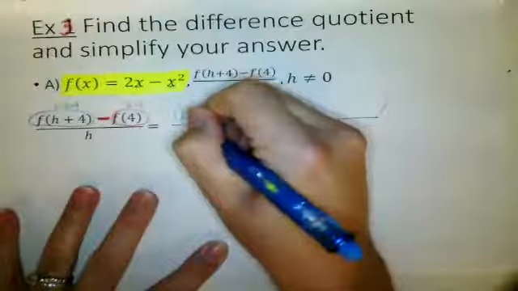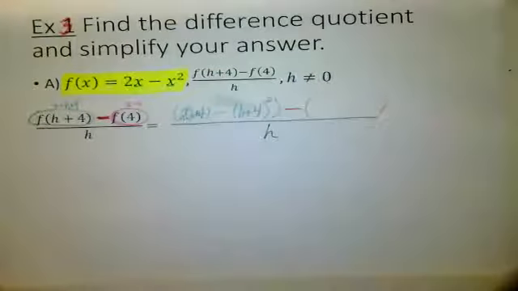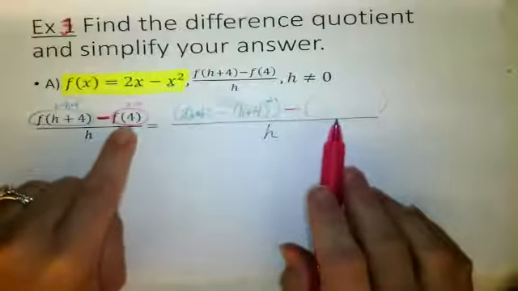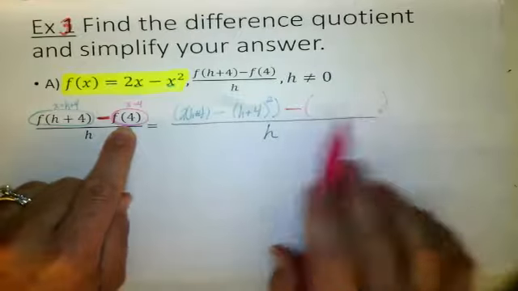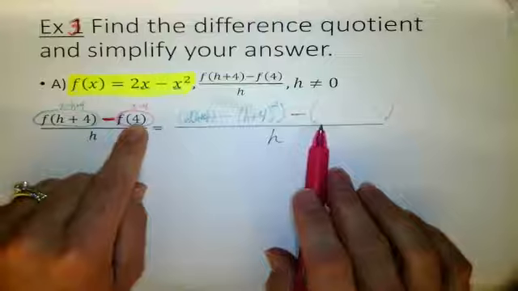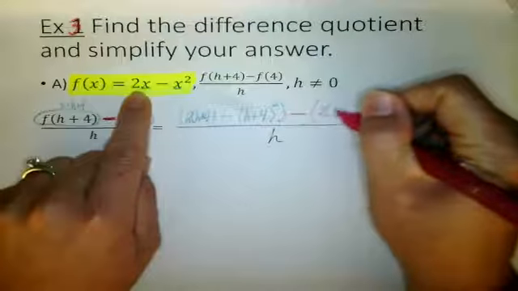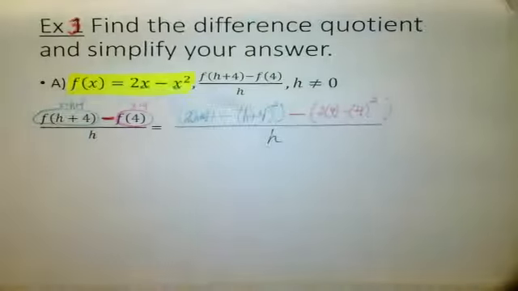A little bit. H plus 4. That's not bad. And then we are going to subtract this whole pink part, whatever it is. We got to subtract the entire thing. That's the parentheses, okay? What is f of 4 telling us to do? Plug in a 4. That's going to be 2 times 4, minus 4 squared.